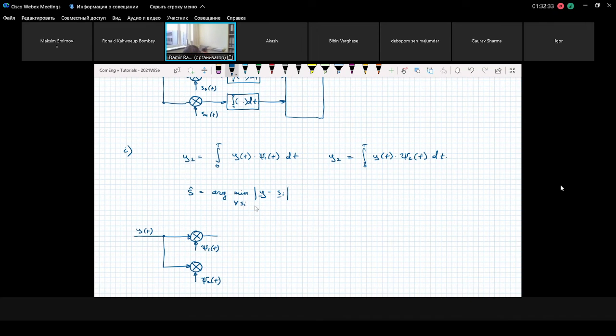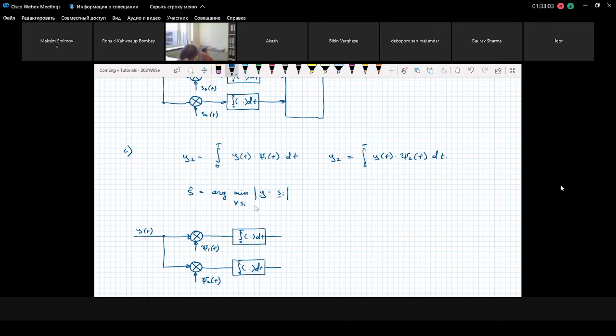Then we accumulate energy, so we calculate the integral over the symbol interval.